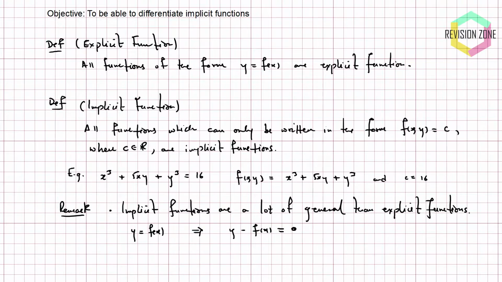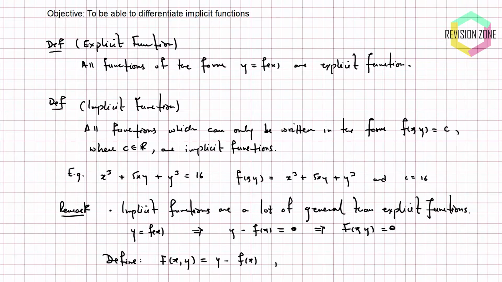Then I can define a capital F, a new function of two variables, x and y, and take it to be y minus lowercase f of x. Once we've defined this function, we can say F of xy is equal to 0.